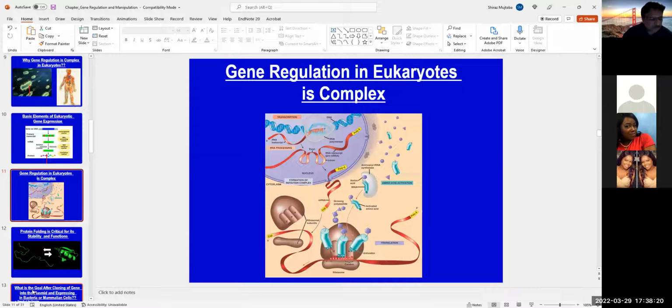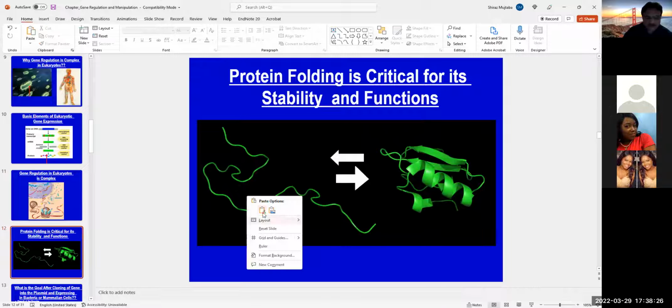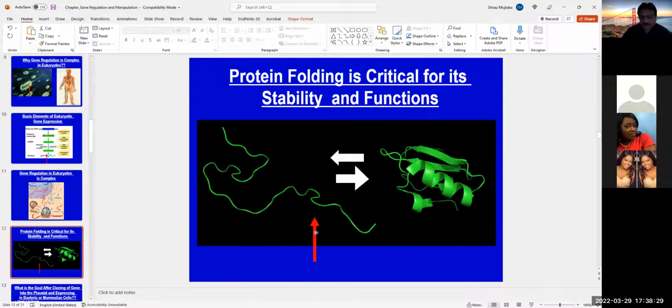So in eukaryotes, genes are regulated in a more complicated way as compared to bacteria, because the human body is complex. Right? It takes 9 months to develop, and the growing embryo from day 0, when the zygote is formed inside the mother's body, has to run a clock. If the clock is delayed, then there's a developmental delay.